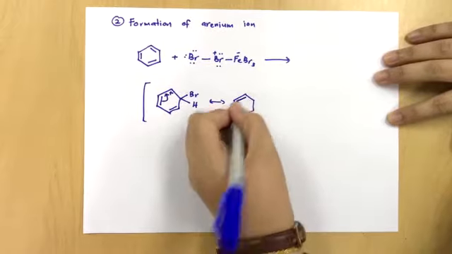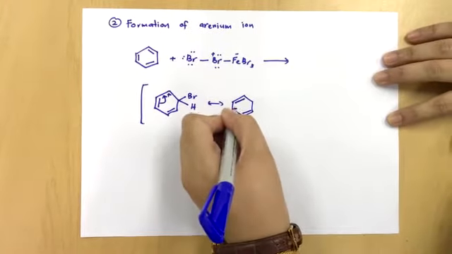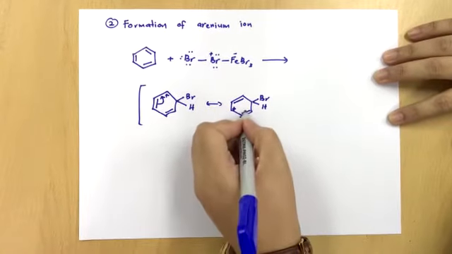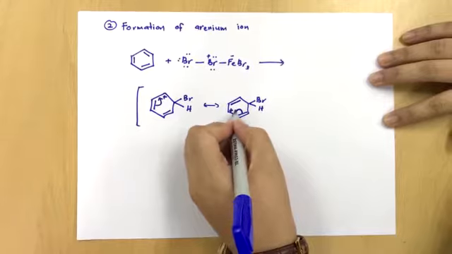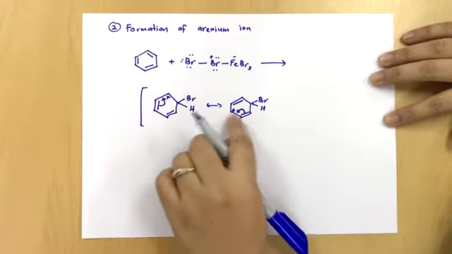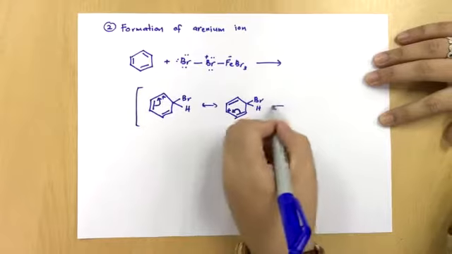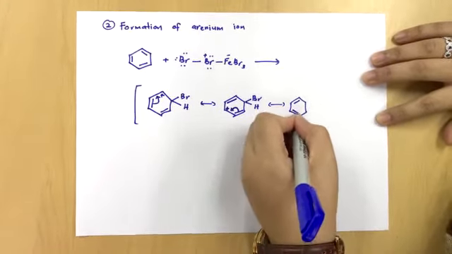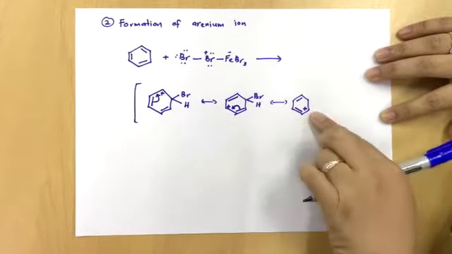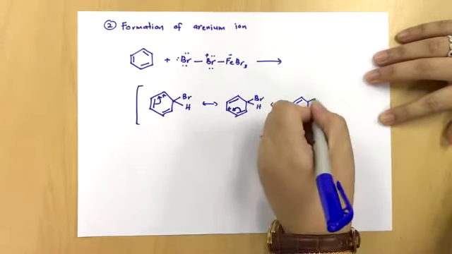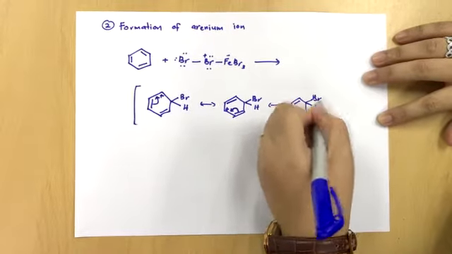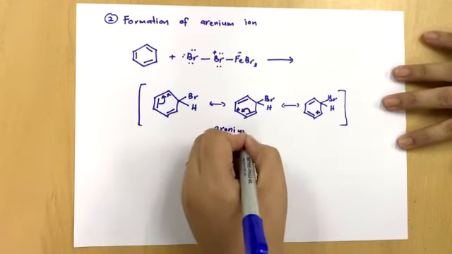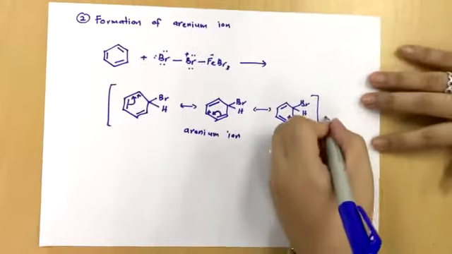Positive here, and this pi electron will go between these two carbons. This will be positive, Br and H. Alright, this is arenium ion.